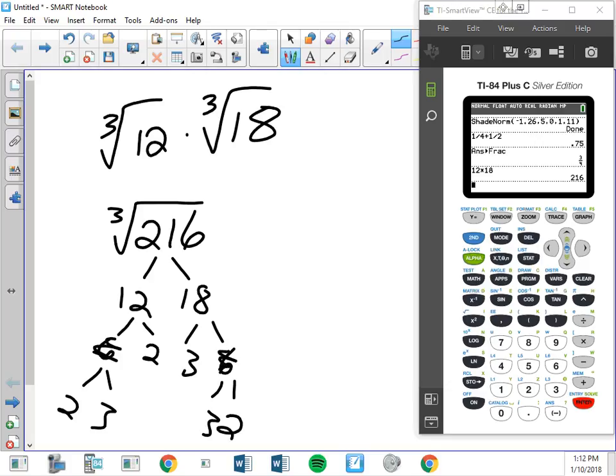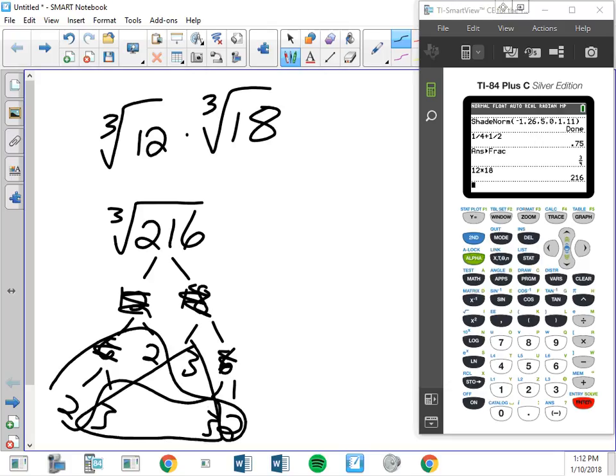So we get rid of all of this stuff. What am I looking for? Triplets. Do I have any triplets? A triplet of 2s and a triplet of 3s. So I bring out 1, 2 and 1, 3. What do I do with those?